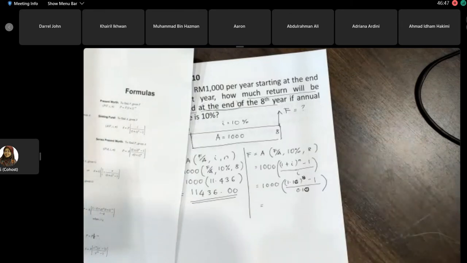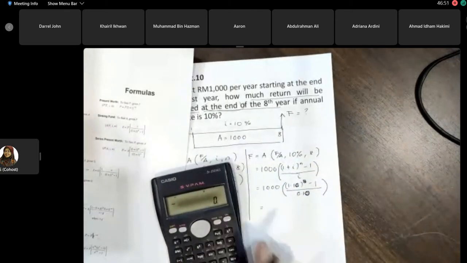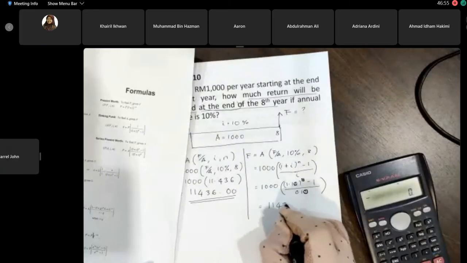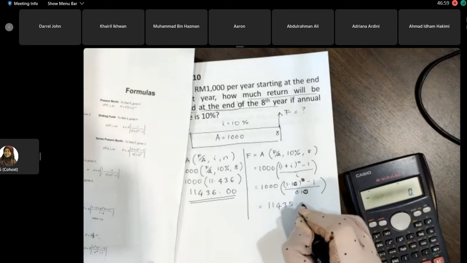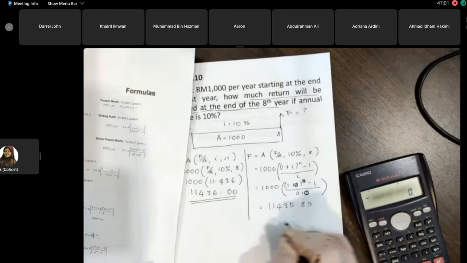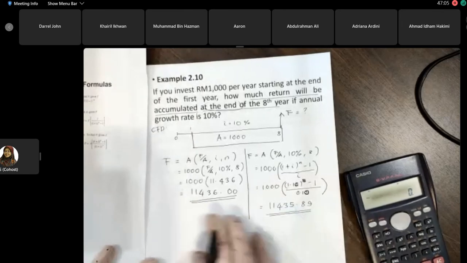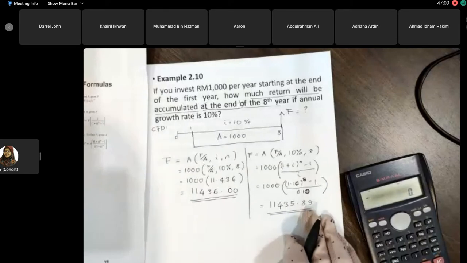Do you have a calculator? 11435.88. 11435.89. Okay. This is the answer by using the formula. So slightly different sikit je lah.